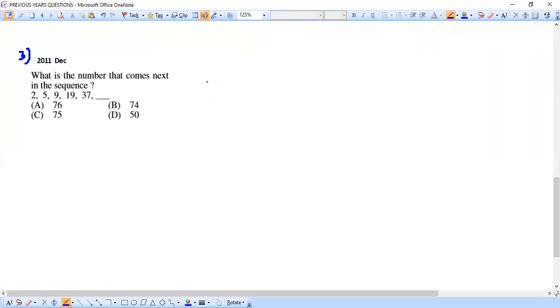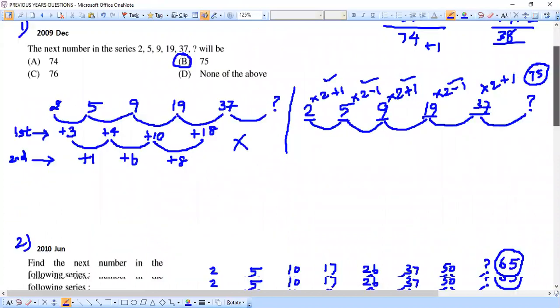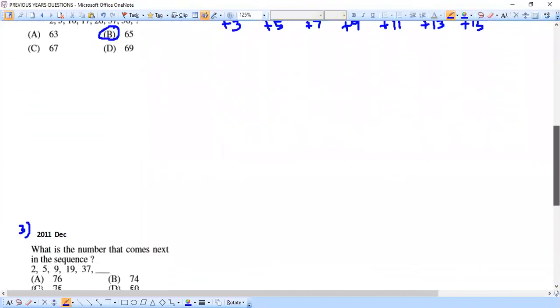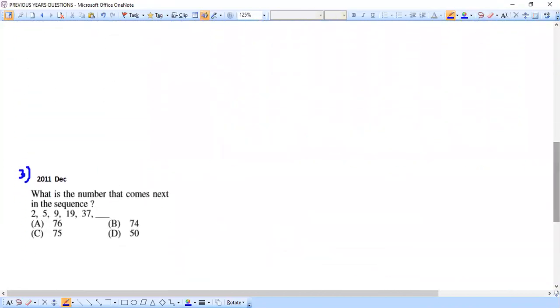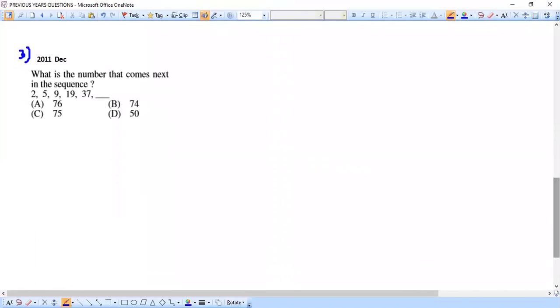See, the same question has just been repeated. The first question was from 2009 December, and this one is from 2011 December. So within 2 years they have repeated the same question, right?